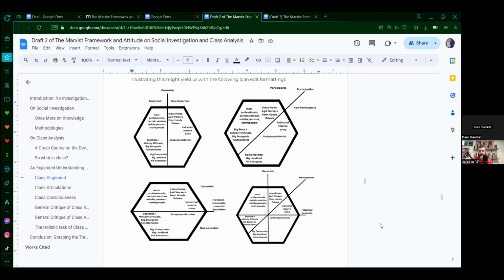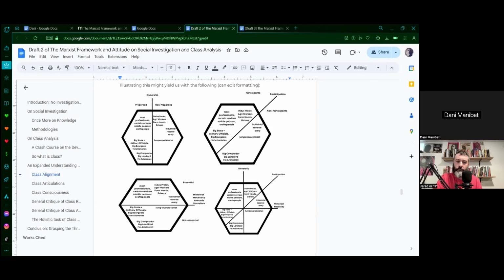But if you divide them again towards participation and how essential they are towards this kind of society, I mean, towards the next forms of society, you would also begin to see why there is actually a basis for big state and military officials and the big bourgeois functionaries to not really be in cahoots with most professionals and certain service sector members, because they're still divorced by one step when you divide them by all the lines.